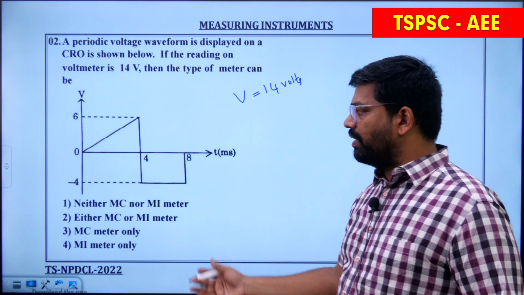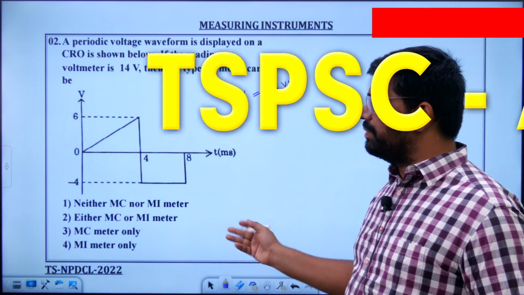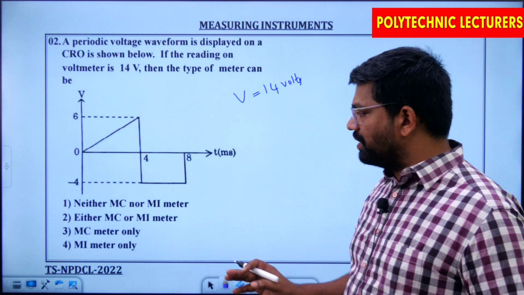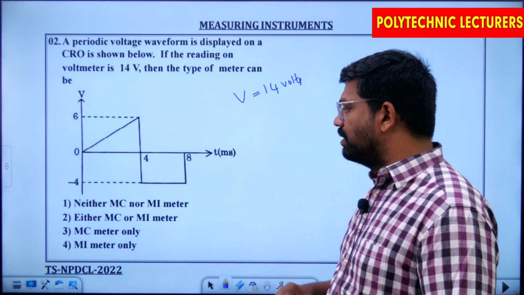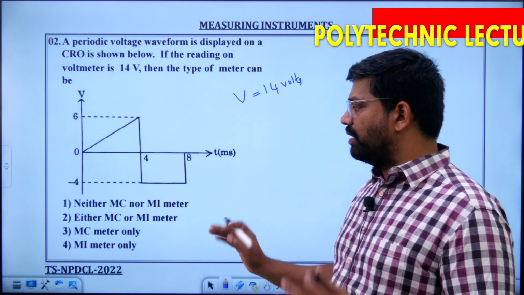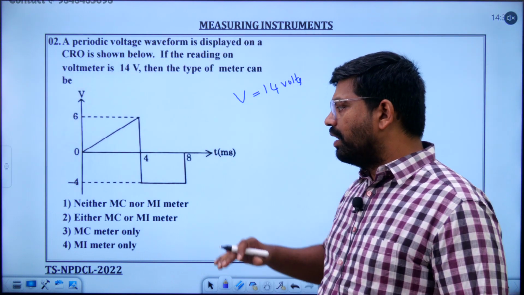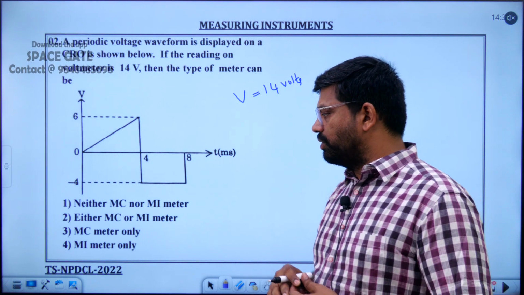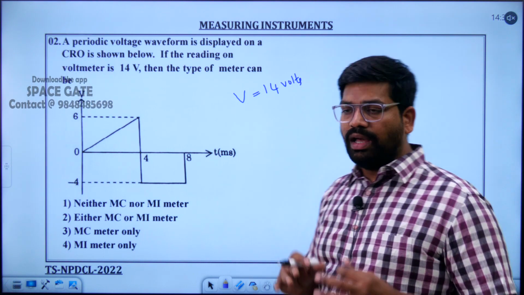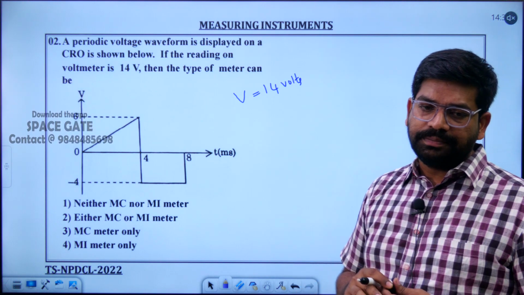The options given are: neither MC nor MI, which means no meter is giving the reading; the second option, either MC or MI, any one of these will give the same reading; the third option is only the MC meter; and the fourth option is only the MI meter.